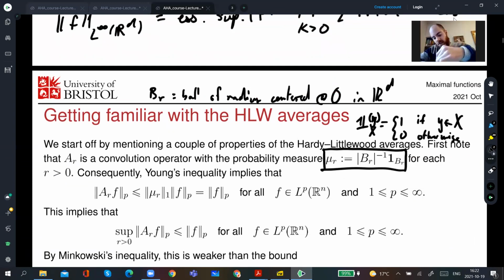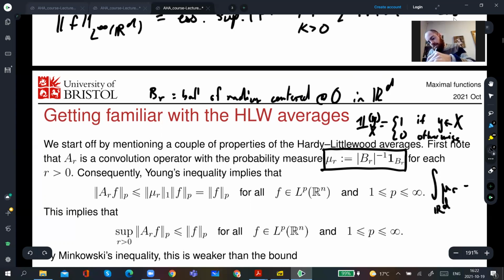So this function right here, 1 of B of r, is just 1 on the ball, 0 outside of the ball. But my measure is going to be a probability measure, so I'm going to normalize by the volume of that ball. By probability measure, I just mean that the integral of mu of r over all of Rd is equal to 1.